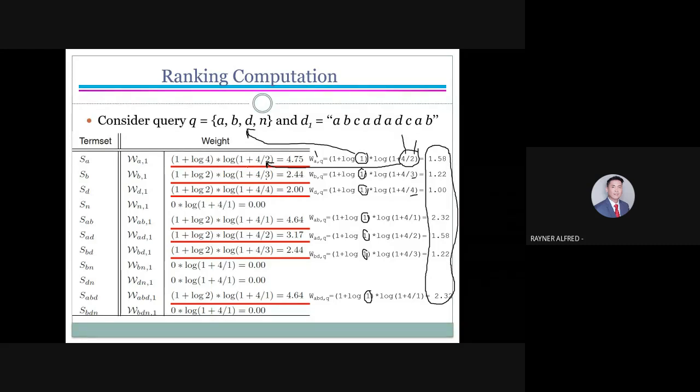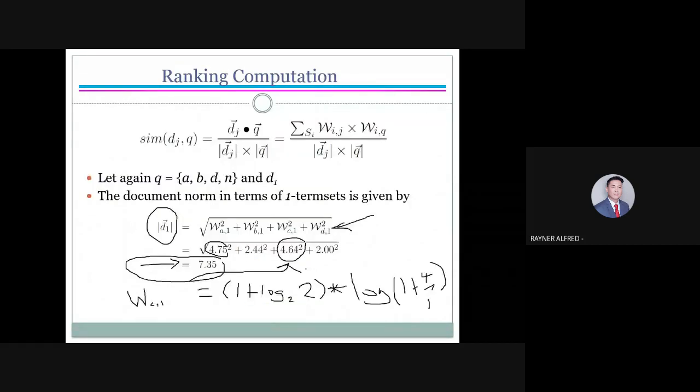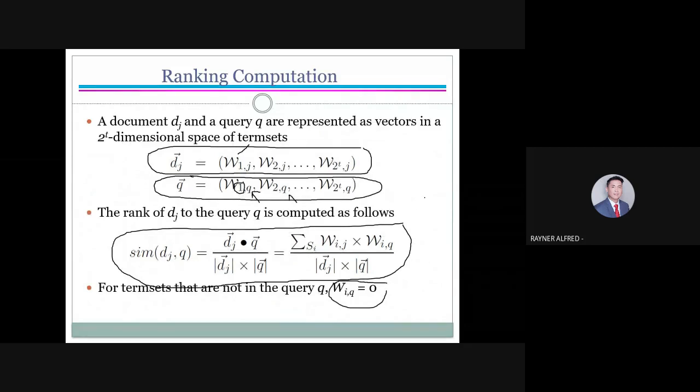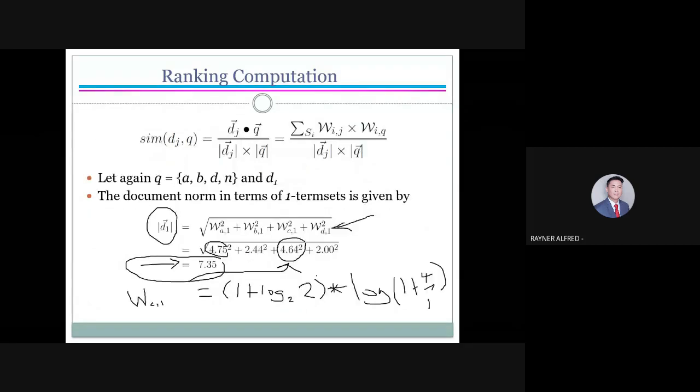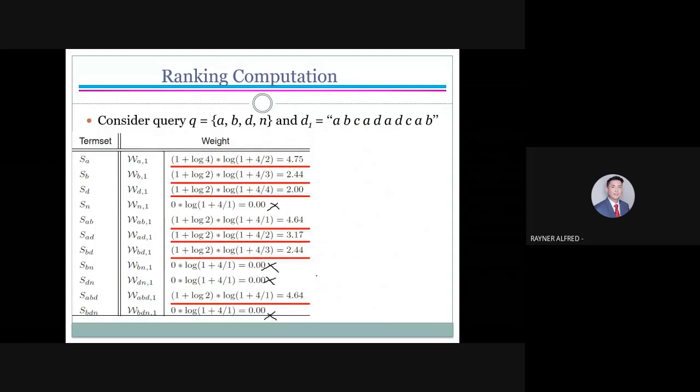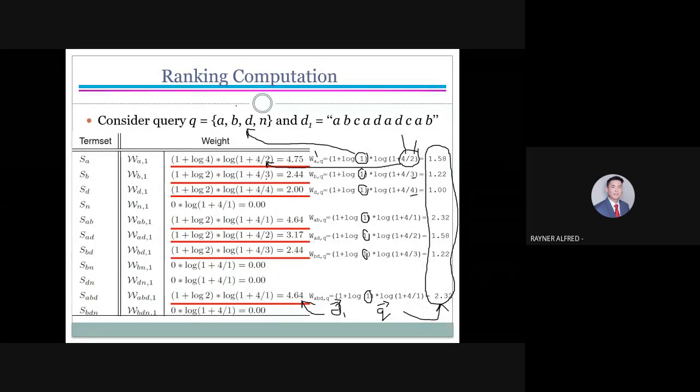Okay, so now we have a vector of weightage for document 1. We also have, okay, so this is the D1 vector. This is all the vector of the query. So we can use this formula to find how similar the query is with respect to D1.